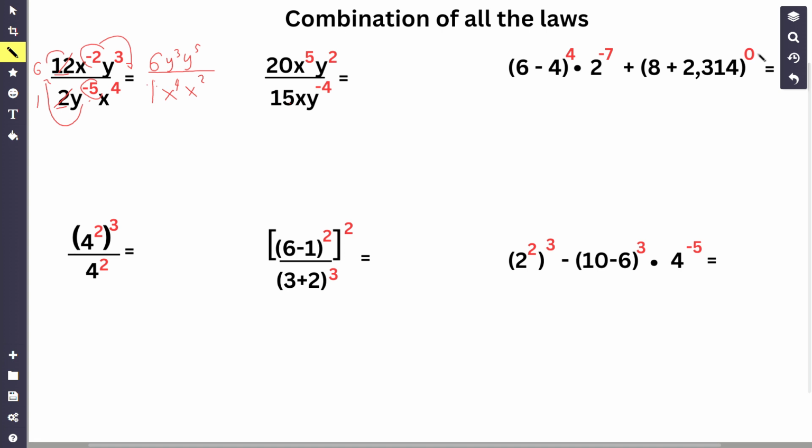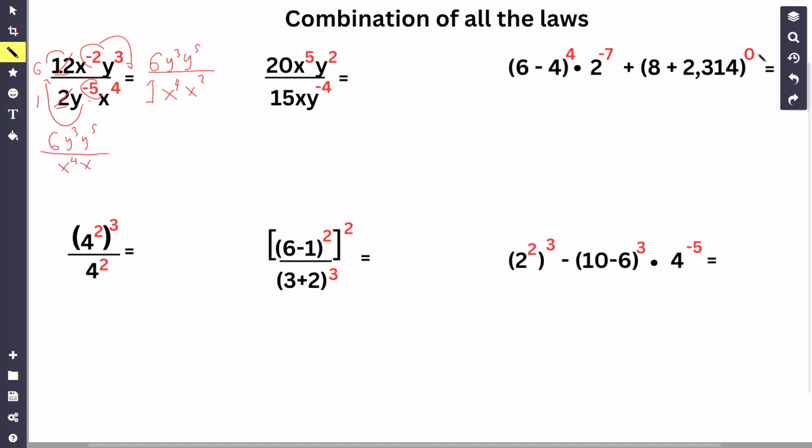So you can just disregard the 1 here, okay? So this will become 6y raised to 3, y raised to 5, all over x raised to 4, x raised to 2.